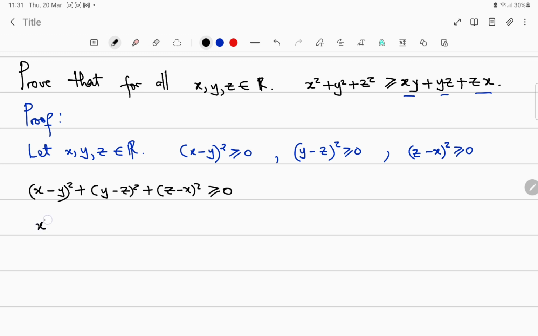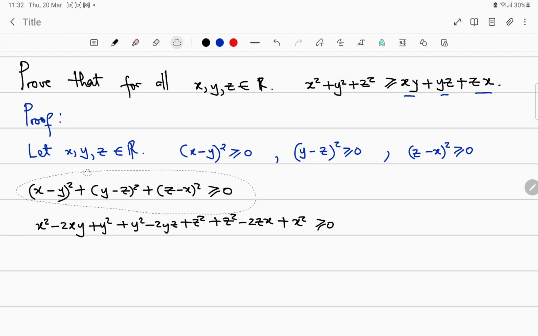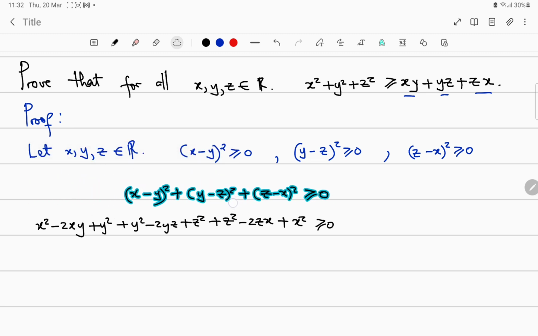It means that x squared minus 2xy, we're now expanding, plus y squared, plus y squared minus 2yz plus z squared, plus z squared minus 2zx plus x squared, they are all greater than or equal to 0.